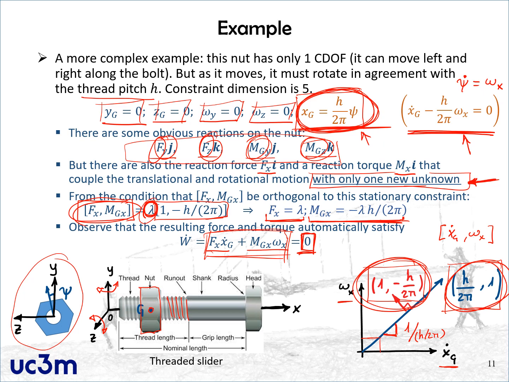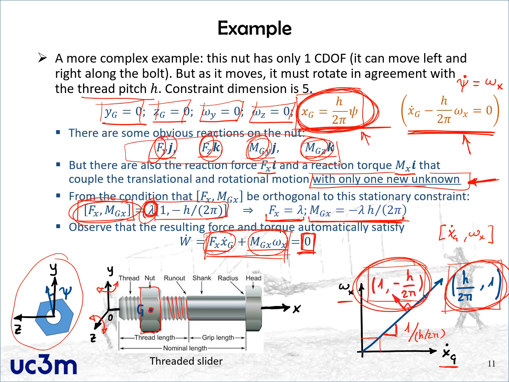You can check that. But this doesn't say that each of the terms independently has to be equal to 0. And indeed, they can be different from 0. So that means that the force by itself is exerting some work, and the torque is exerting minus the same amount of work.